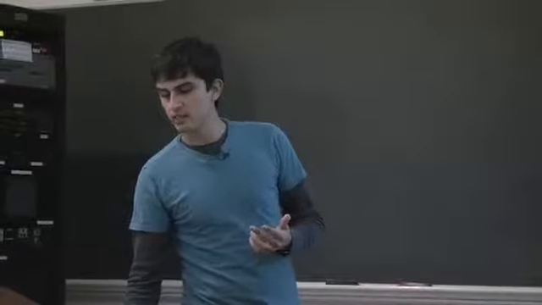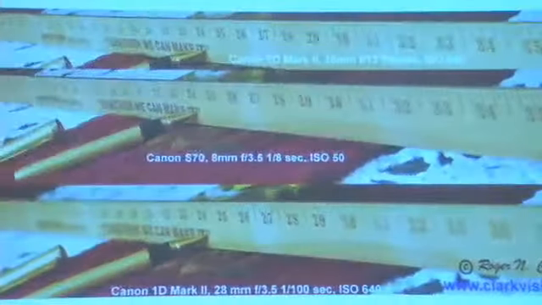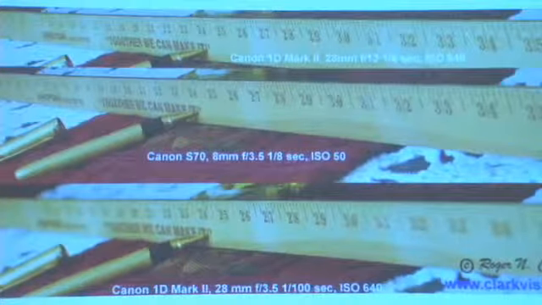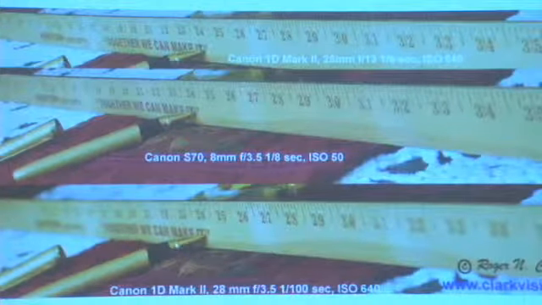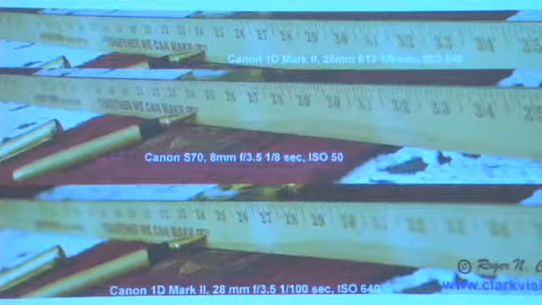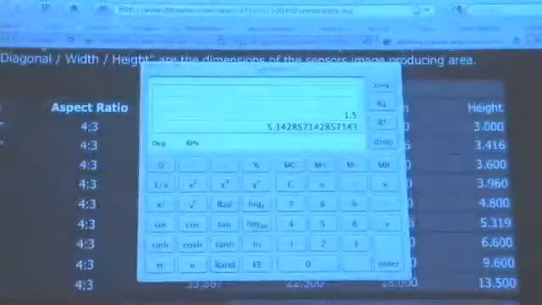In fact, if you were to carefully study the two images, you would be able to determine that they have just about the same amount of noise, even though we increased the ISO, you notice, from 50 to 640. So let's see, okay, we can do this math.